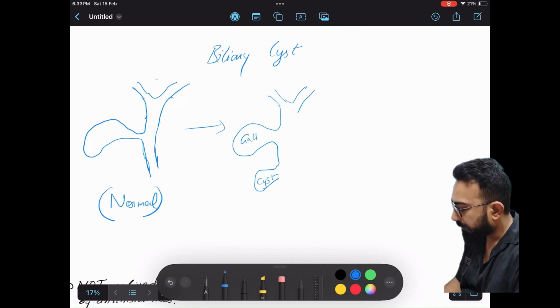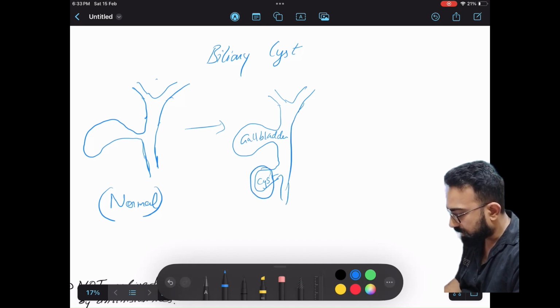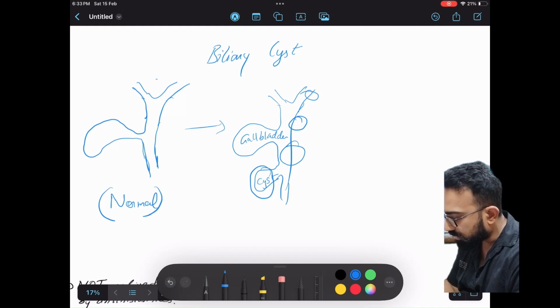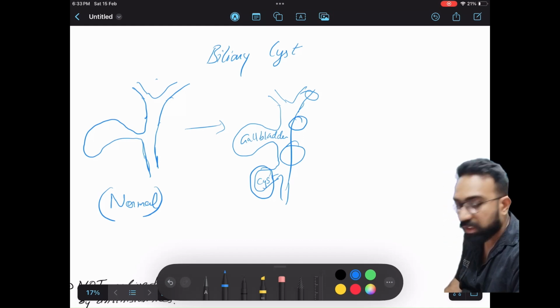Somewhere there is a cyst, meaning over here there is a cyst. This is your gallbladder. The cyst can be here, here, here, or here.